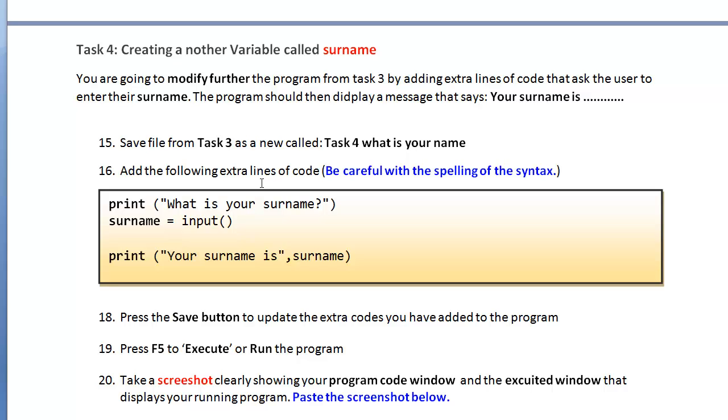So what you are doing, you are adding something to your program. For example, if I go back to my program that we were doing in the first instance, so that you can see how these things are done.